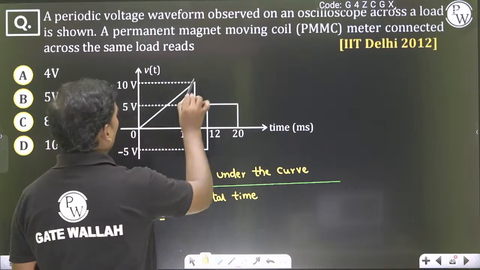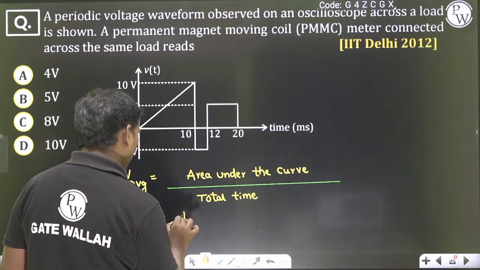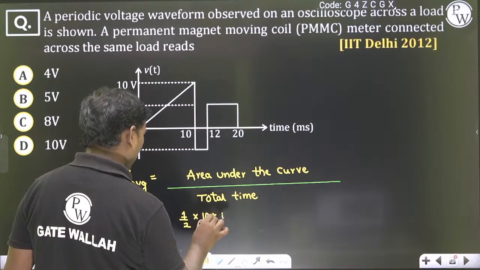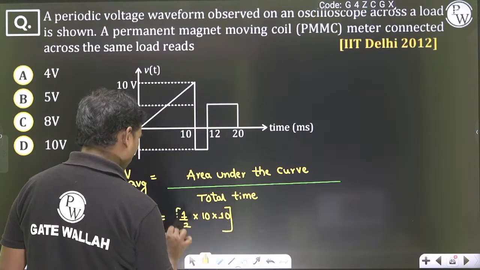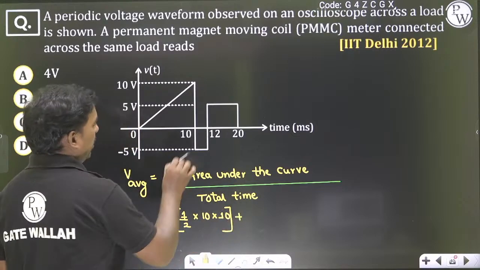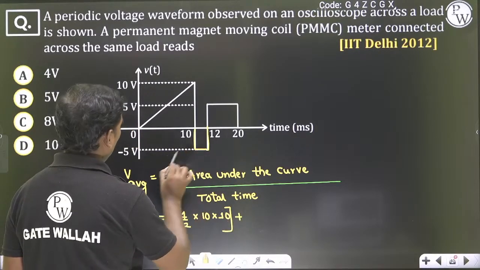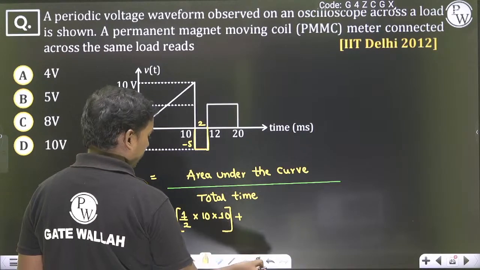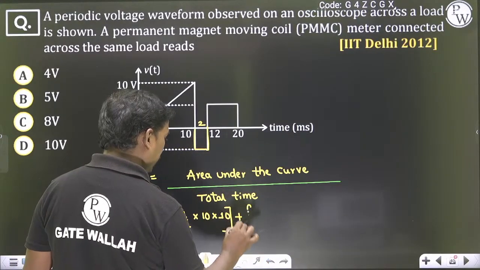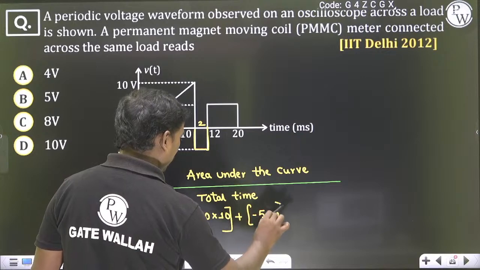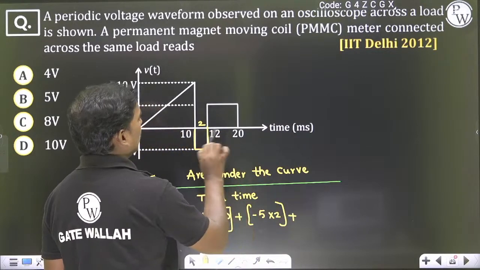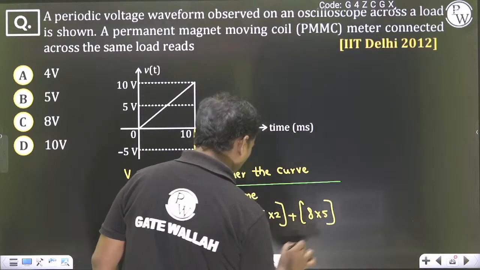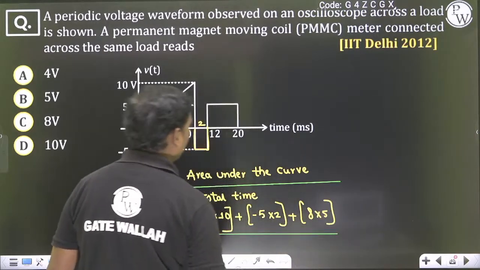The area under the curve is, this is half into V into H, plus at the bottom this is the rectangle, so this is minus 5, this is 2, minus 5 into 2, next this is 8 into 5, and the total time is 20.